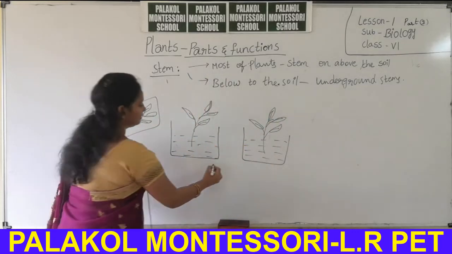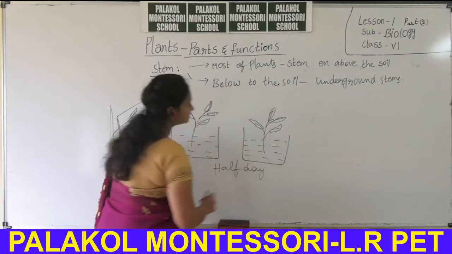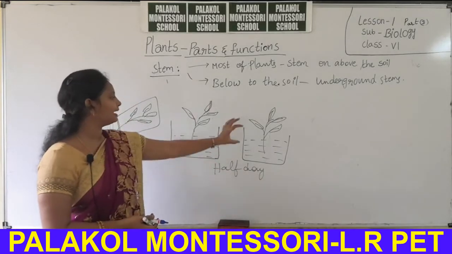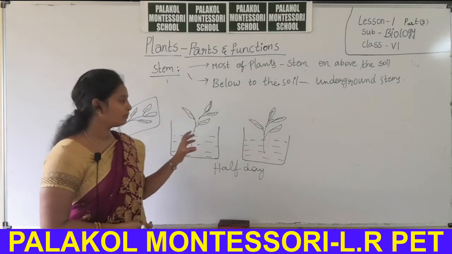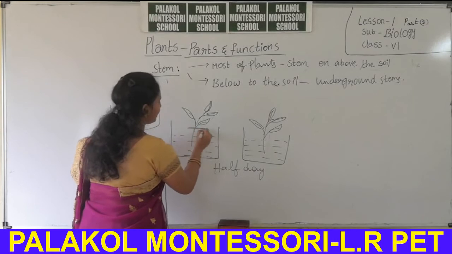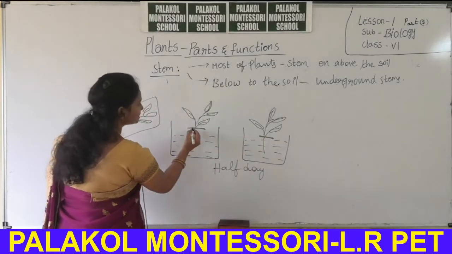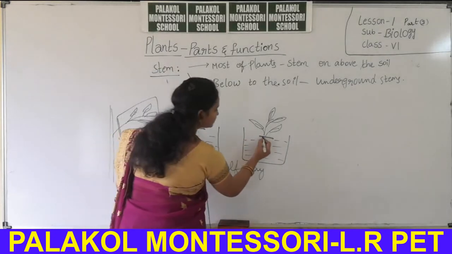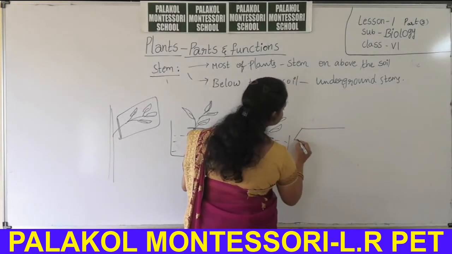Leave it for half a day. What will you observe? After half a day you have to take up both the twigs, that means branches of stem, and cut the branch of stem at this region, and take a small portion of stem and place it on a glass slide.